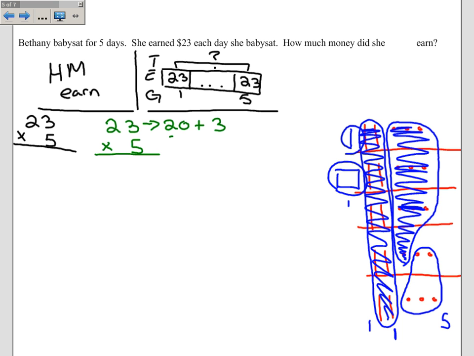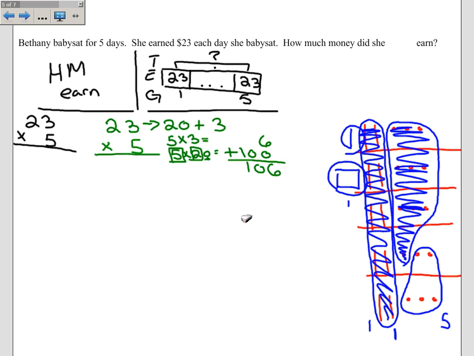So it's like saying 5 times 3 and 5 times 20. 5 times 3 equals 6. 5 times 20, well, I've got my 5, I've got my 2. 5 times 2 is 10. Take my 0, add it back over here, equals 100. 5 times 20 equals 100. Add them together, 6, 0, and 1.